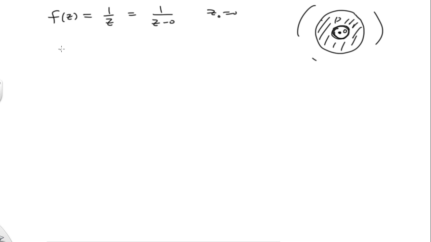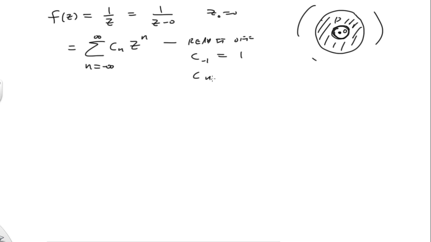So this is equal to the sum of C n z to the n, where n ranges from negative infinity to infinity, and I could read it right off that C negative 1 equals 1 and C n equals 0 else.